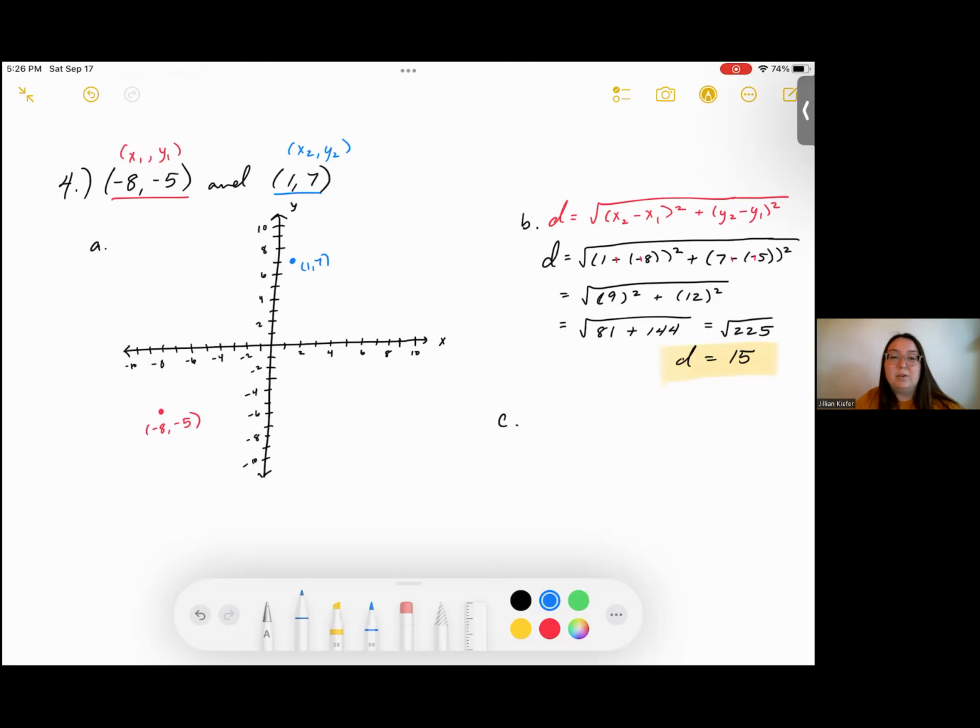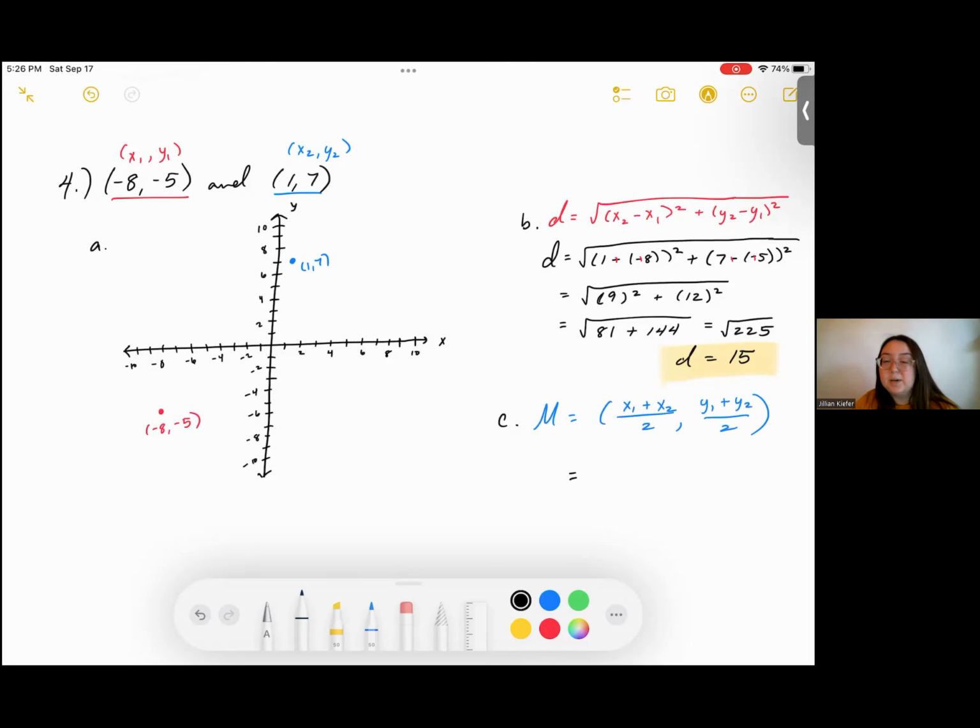Then part C, we want to find the midpoint that lies in between these 2 points here. So our midpoint formula is x sub 1 plus x sub 2 divided by 2, and y sub 1 plus y sub 2 divided by 2. And this will be in the form of an ordered pair.